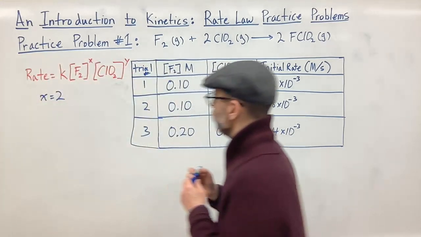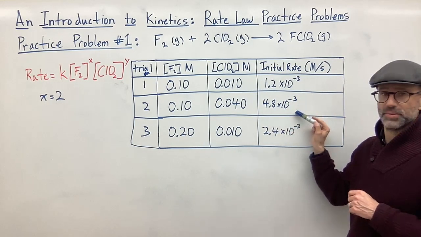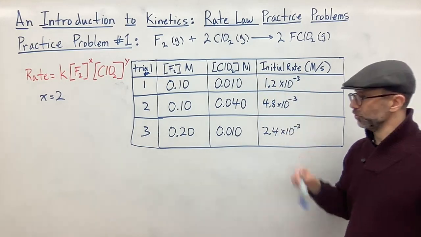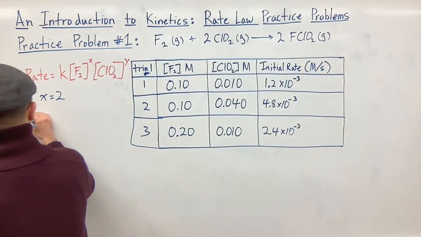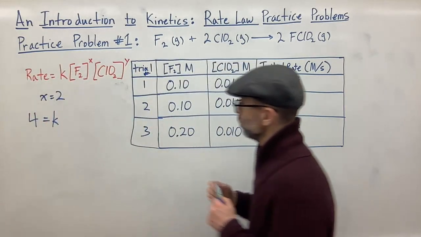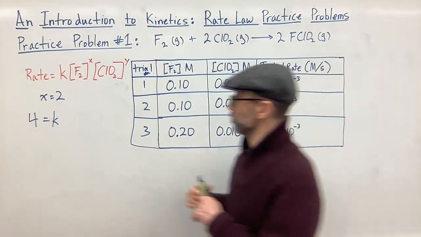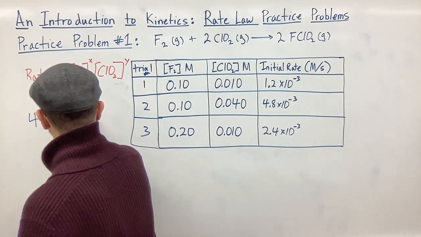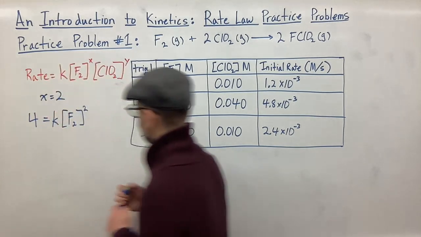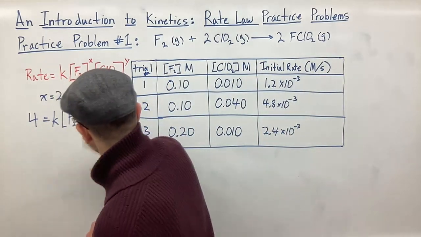So if we look at the rate, 1.2 times 10 to the negative 3 becomes 4.8 times 10 to the negative 3, going from trial 1 to trial 2. So this quadruples, so we're going to do a 4. So rate is 4 equals K. Now, we have our F2 concentration the same, so we'll just put F2, and we'll just leave that as x for now.